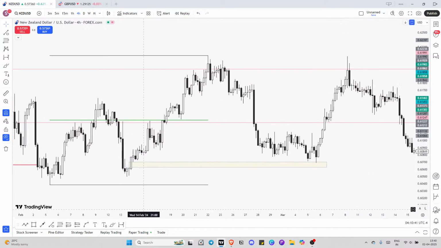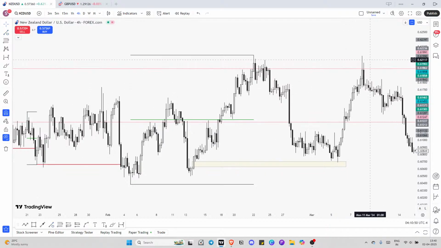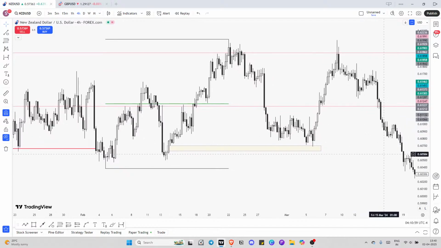and broke the structure, right? So this doesn't break the structure. Not even sweeps, extreme inducement takes it, moves down.